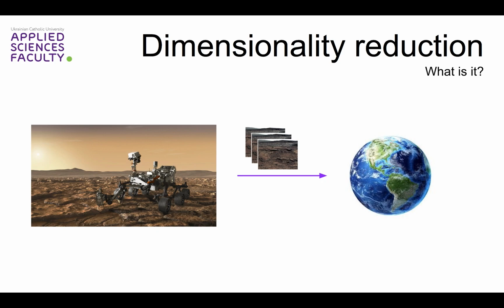Thus, we could find the space where we will have enough data, which means we won't lose important data, but we will reduce the size of the image significantly.